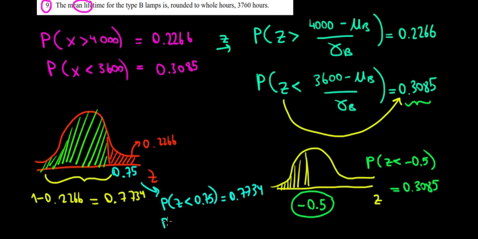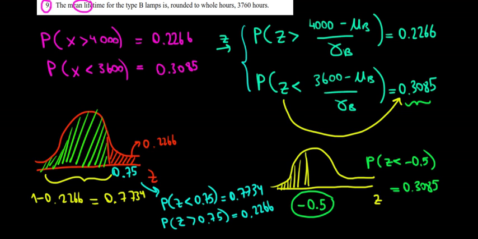Or in other words, the probability that the z value is greater than 0.75, which is this area over here, is equal to 0.2266. So it's two ways to look at the same concept. Now with this in mind, we can actually solve this system of equations, because we have the z value in the first relationship and in the second relationship. So we can take them together and we can find something better.